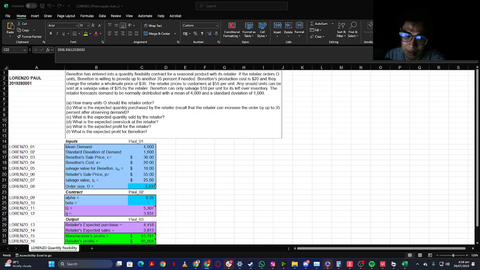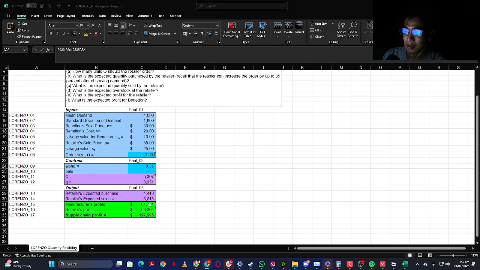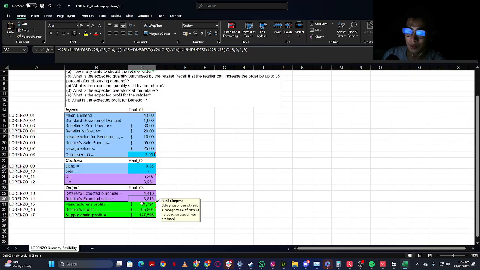The retailer's expected sales. By applying the standard inventory model for normally distributed demand, the expected sales are calculated as follows. The expected sales should be 3,813 units. Then the expected overstock at the retailer. The overstock is the difference between the expected quantity available and the expected sales.